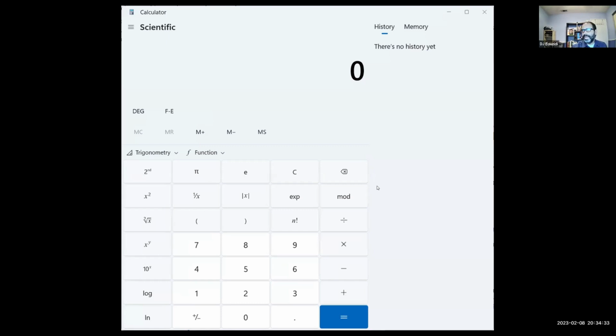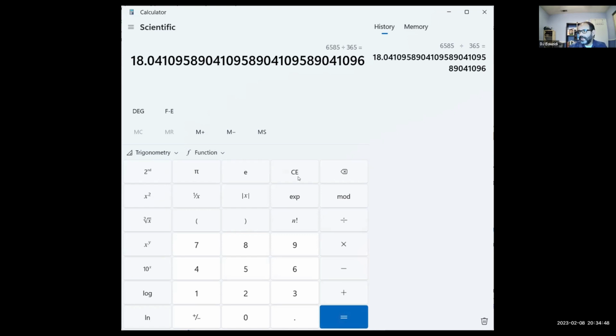We take 6,585 and divide that number by 365 to find how many years that is. According to this calculator, it's 18 years and some change, 18 years and a few days after that. At this point I don't care about the few days, I'll find them. But I know it's 18 years from the year 2027 when this is going to happen.